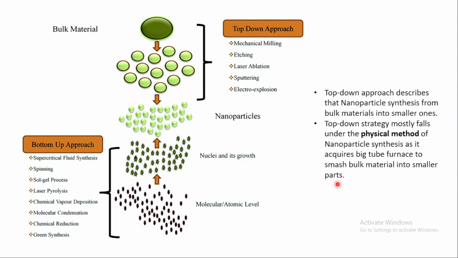So in the top down approach, what we use here is force or some kind of energy to break the bulk material into finer pieces. So it's mostly a physical method of nanomaterial synthesis, because we need force and mechanical energy and thermal energy and electrical energy to break down the bigger bulk material into smaller nanoparticle size.